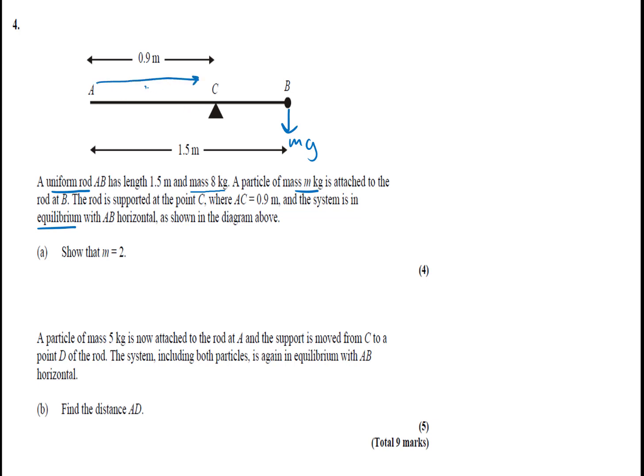That's going to be 0.75, and then we're going to get 8g. Show that M equals 2. Well, it's in equilibrium, so clockwise is going to equal the anti-clockwise moment. So we're going to take moments about C.